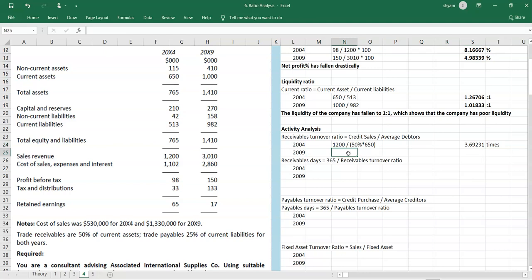What is the sales? Sales is 3010 divided by 50% of the debtors. Debtors are 50% of the current asset. Current asset are 1000.